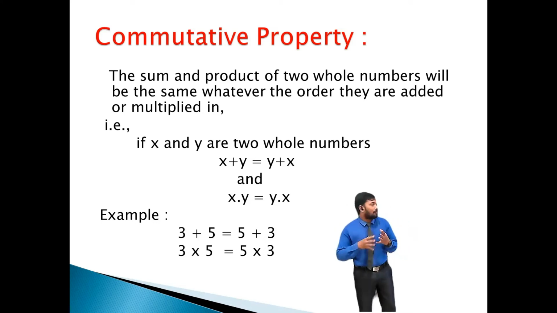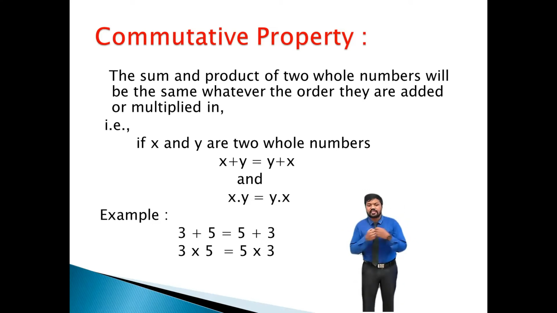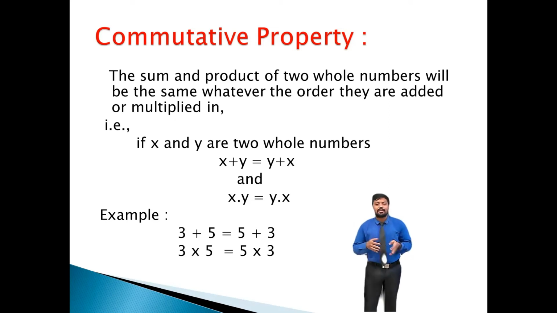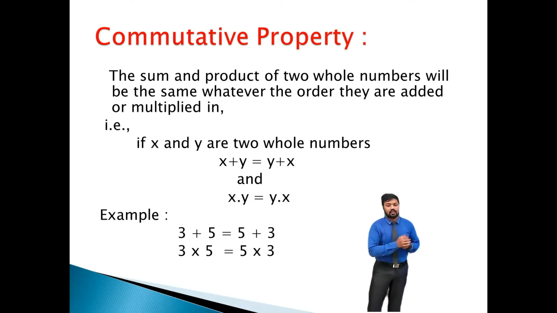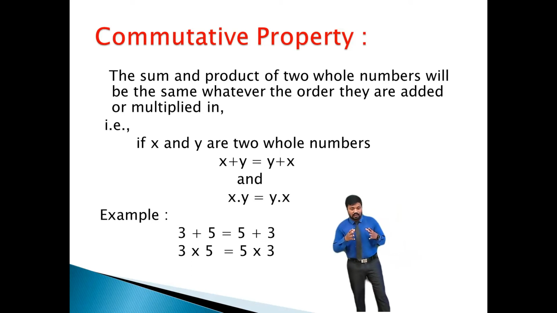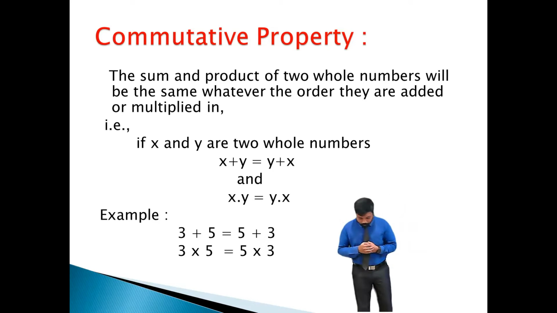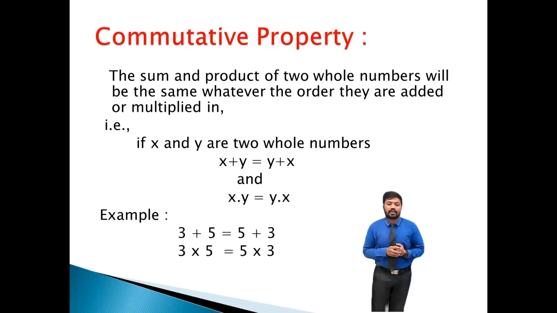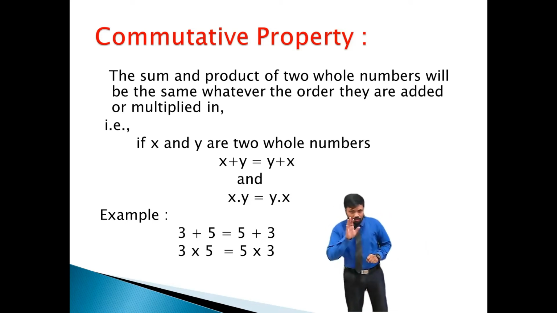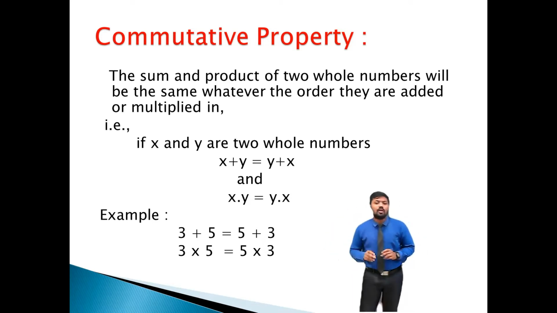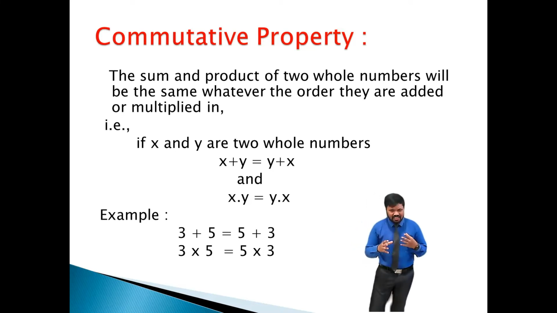You come across this daily when reading tables: 5 sixes are 30, 6 fives are 30. 10 sevens are 70, 7 tens are 70. If the multiplicands interchange their positions, you still get the same answer. Multiplication works the same way. Now think about subtraction. 3 minus 5 is minus 2, and 5 minus 3 is plus 2, which is not the same.